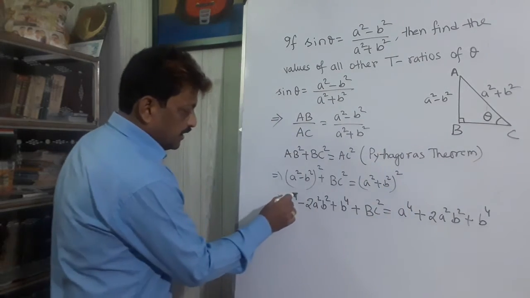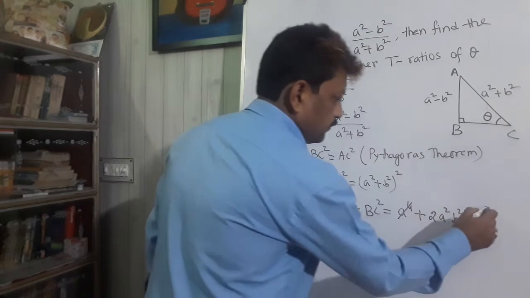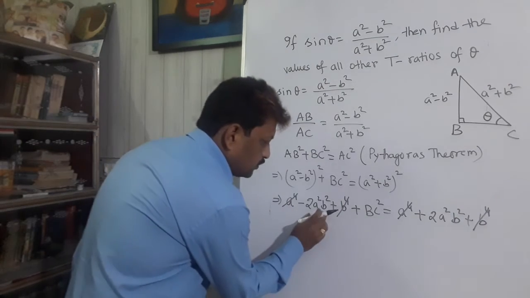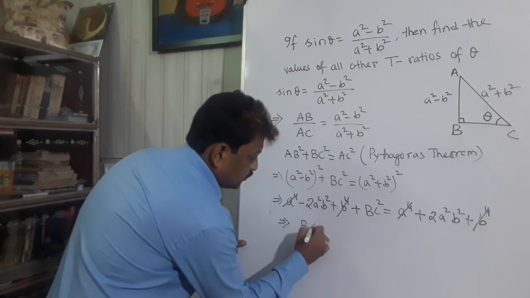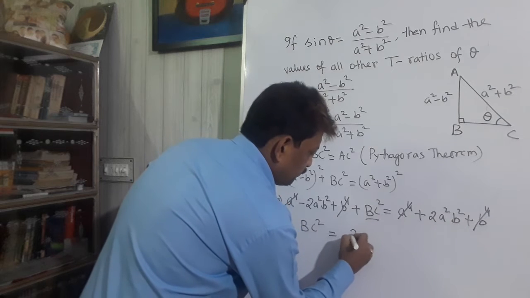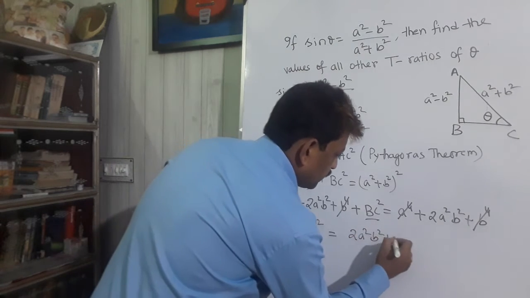Now from both sides I can cancel a to the power 4 and b to the power 4. So what will happen? This 2a square b square will go to the right hand side. So BC square equals 2a square b square plus 2a square b square.